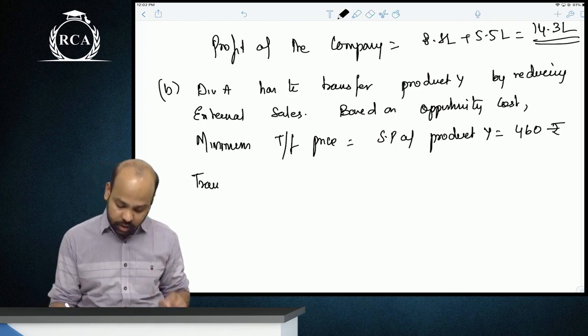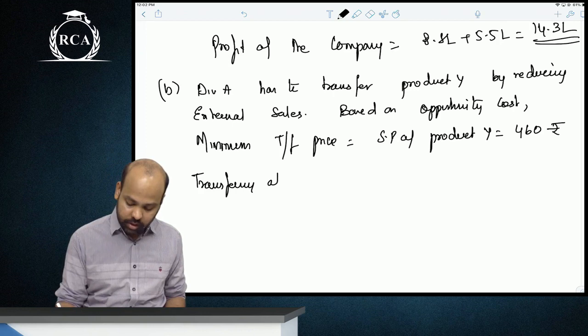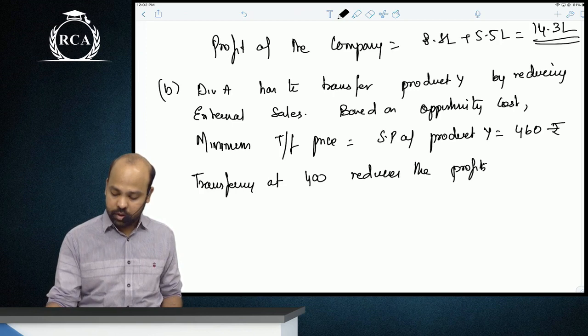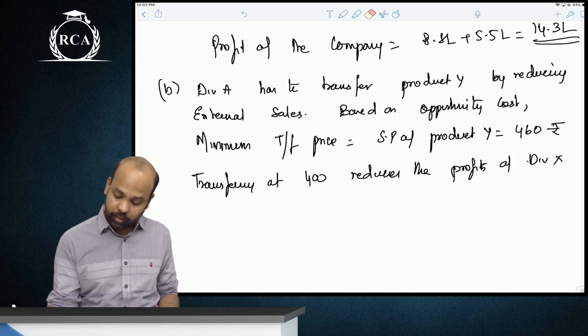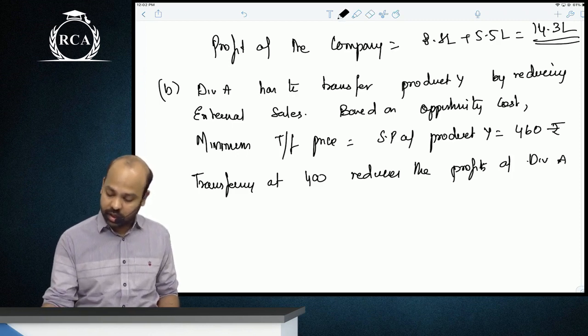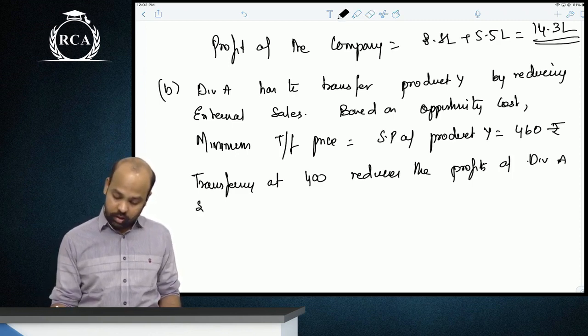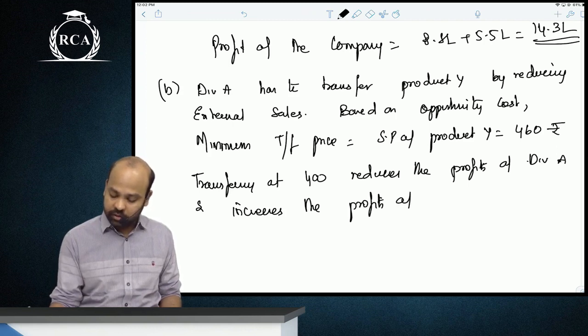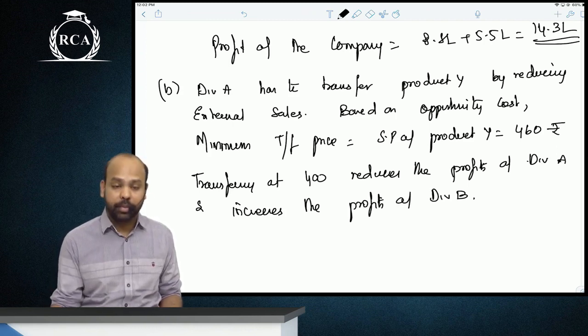Transferring at 400 reduces the profits of division A, guys, and increases the profits of division B.